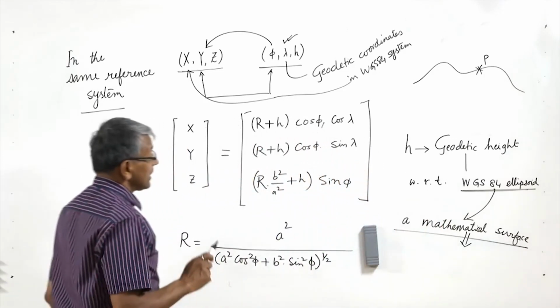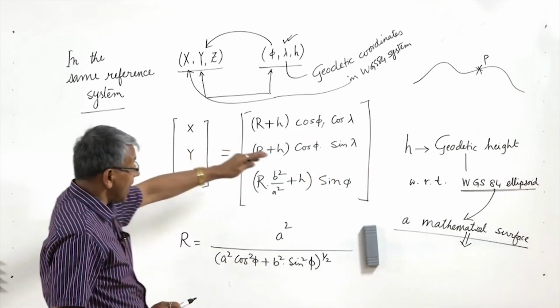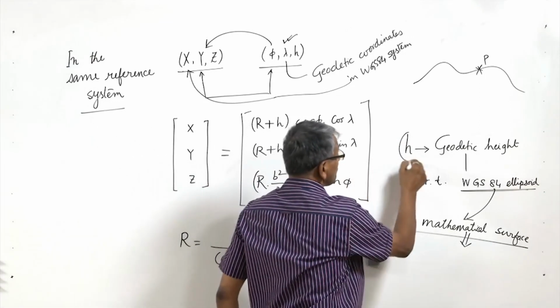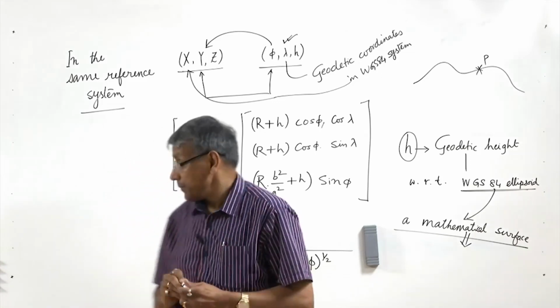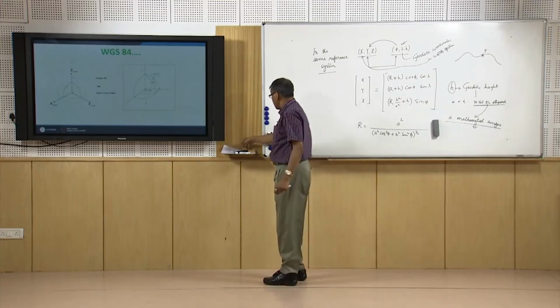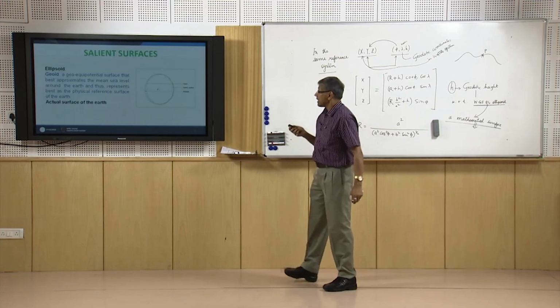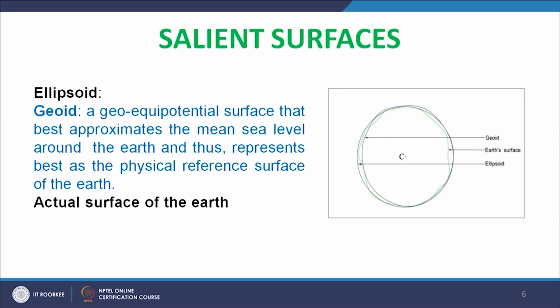So we need to convert this height to some useful height. I am going to speak on it, but before that we need to know the different salient surfaces which we consider during measurement of position on the surface of the earth.